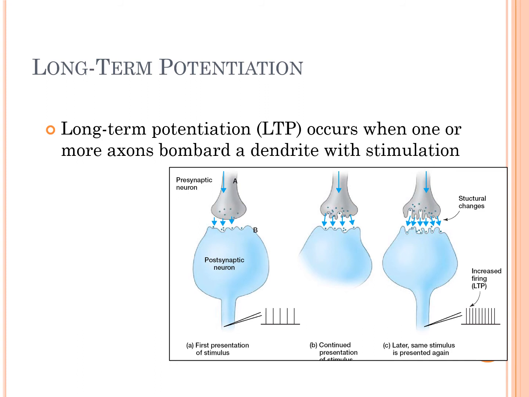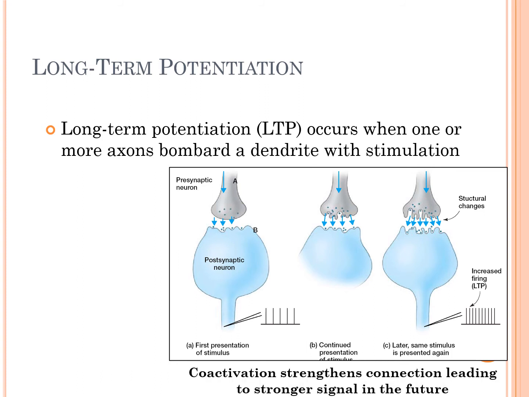So in B, as continued presentation of the stimulus occurs, we're seeing changes in the presynaptic neuron. You can see that there is more area for neurotransmitter to be released. There's more neurotransmitter ready to go in that presynaptic neuron. And then we also see changes in the postsynaptic neuron: the building of receptors and the changing slightly of those dendrites.